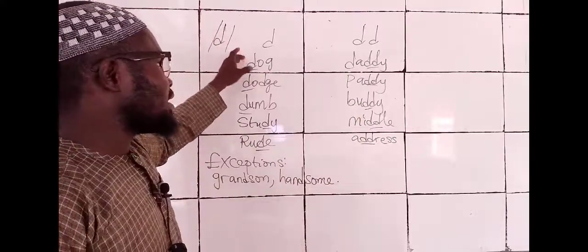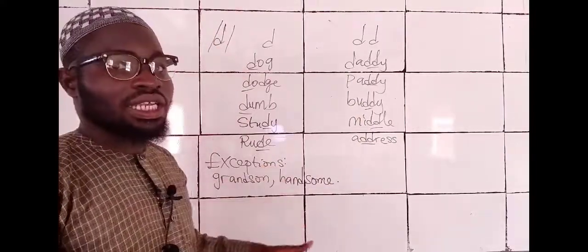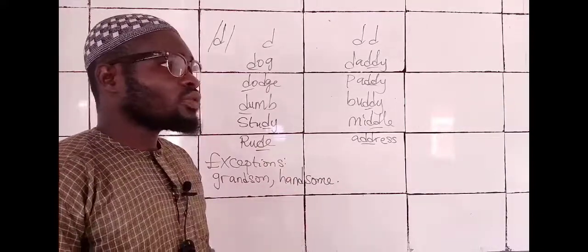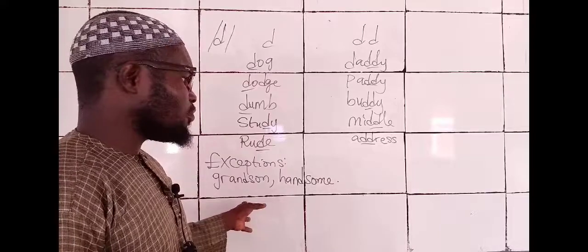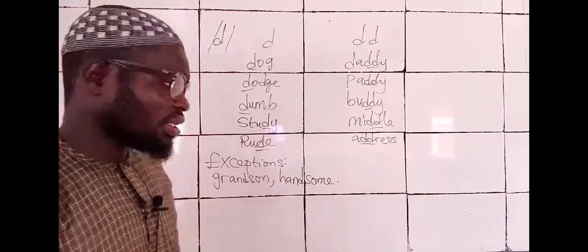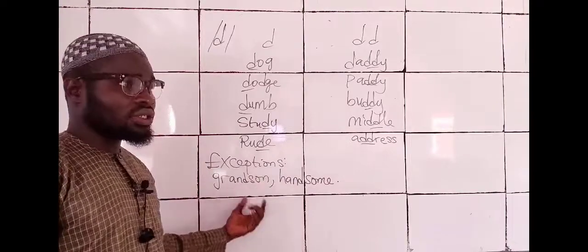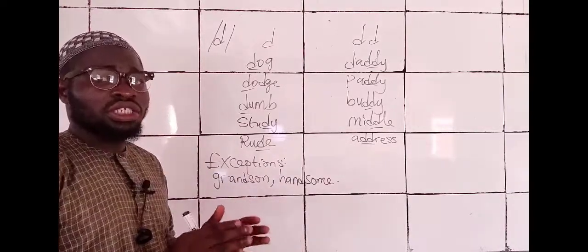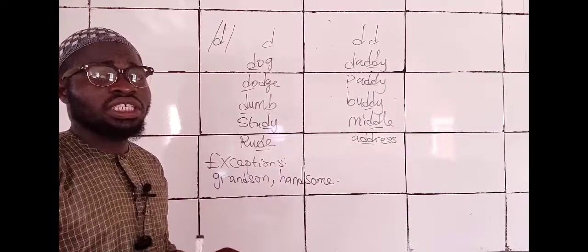While letter D in the following words and words like them, they are to be realized. Now in the exceptions, whenever you find letter D in the following words and the words that look like them, you don't realize it. The first one is grandson. When the word grand is written alone or in isolation, the letter D is to be realized.